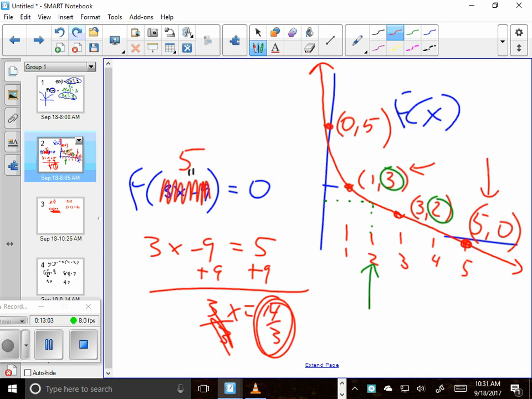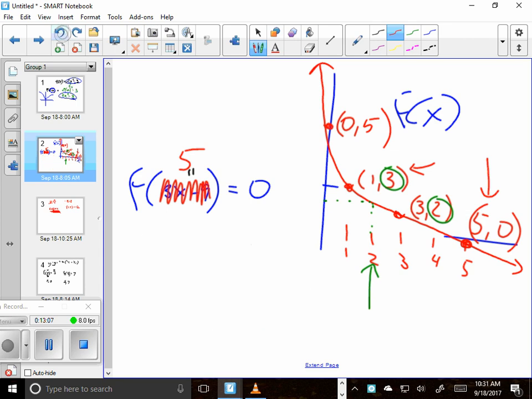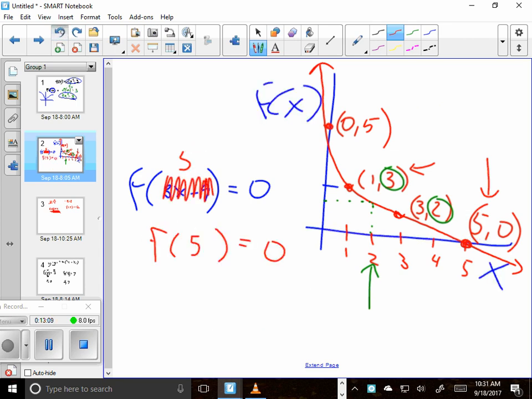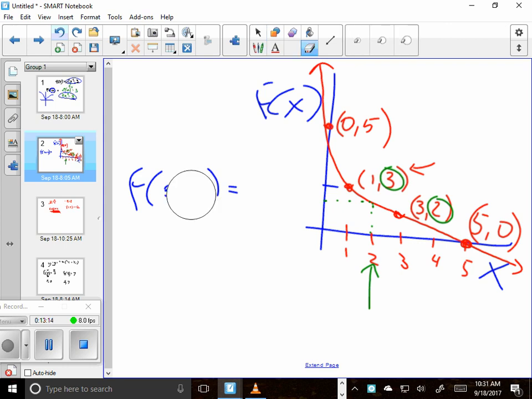Okay, good. So I'm going to give you another one like that, except not walk you through it. Let's see if you can get it by yourself. F of x plus 12 is equal to 2. Yes?